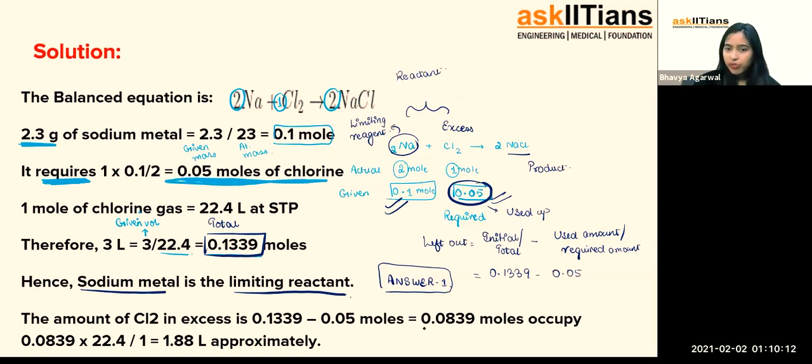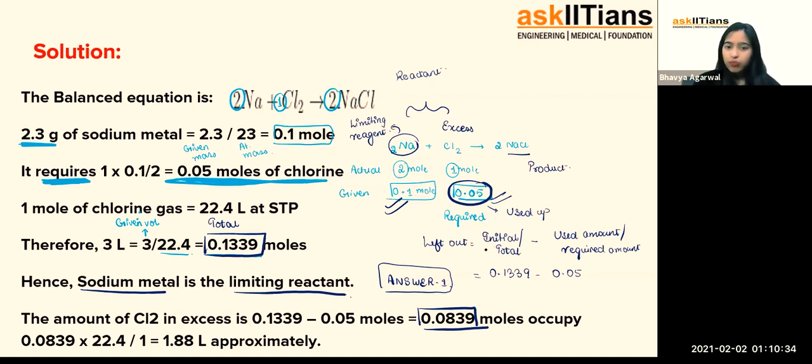Whatever is remaining, that is your remaining amount, the left out amount. But the question wanted the answer in terms of liters. So how much volume will be taken up in the flask by the remaining amount of chlorine?